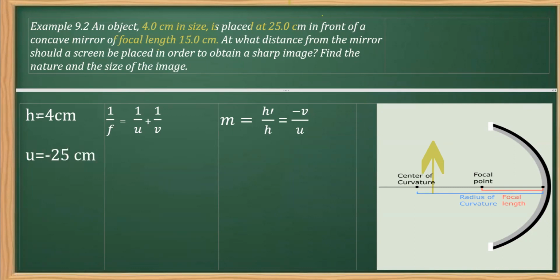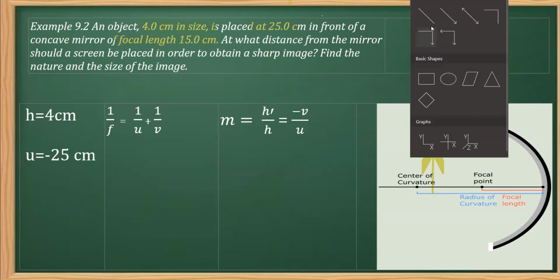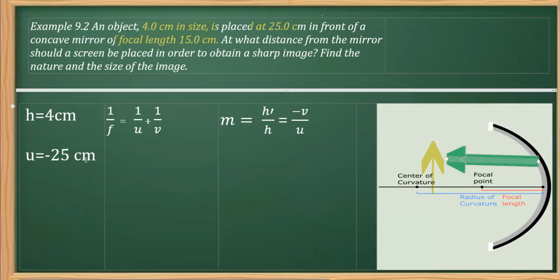Now let's understand why the object distance is taken as minus. You should know that anything which is measured to the left of the pole is taken as negative. As you can see, the object is placed in front of the mirror, to the left of the pole, so we take u as minus 25.